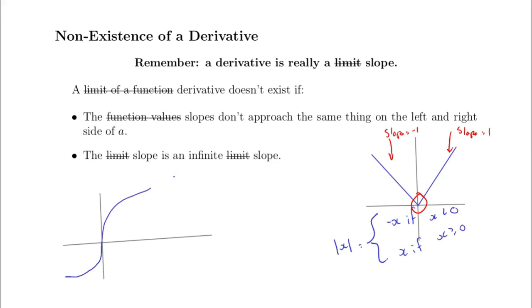So what if we have something like this, where right in the middle we have a perfectly vertical tangent line. So vertical tangent lines are going to be issues as well. You can say the slope of a vertical line doesn't exist, right? So if our tangent line is vertical, it doesn't have a slope, and so the derivative doesn't exist there.